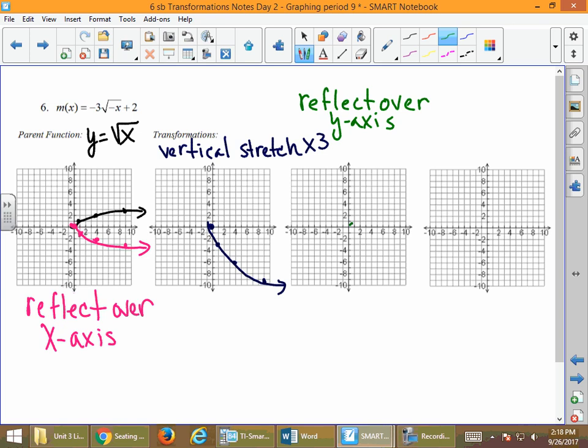The 0, 0's not going to change. But what's going to change is that 1, negative 3 is going to become negative 1, negative 3. And 4, negative 6 is going to become negative 4, negative 6. And 9, negative 9 is going to become negative 9, negative 9.